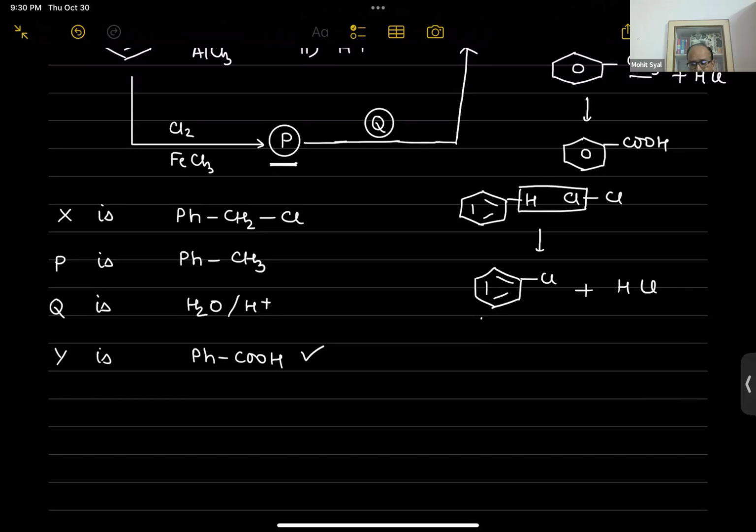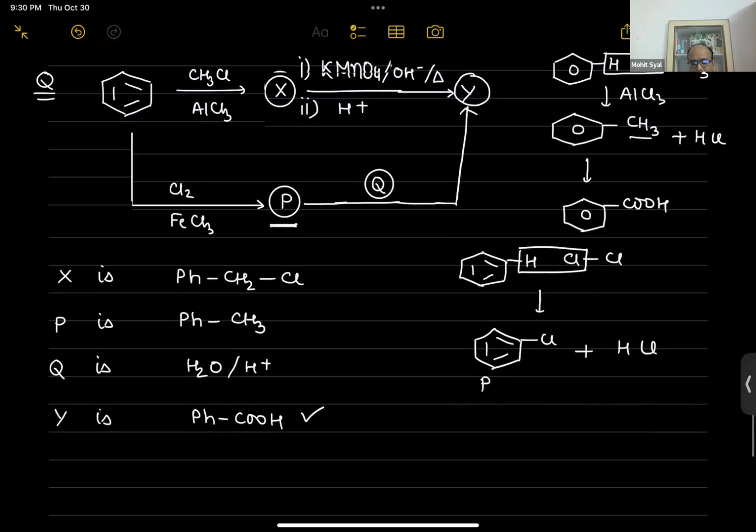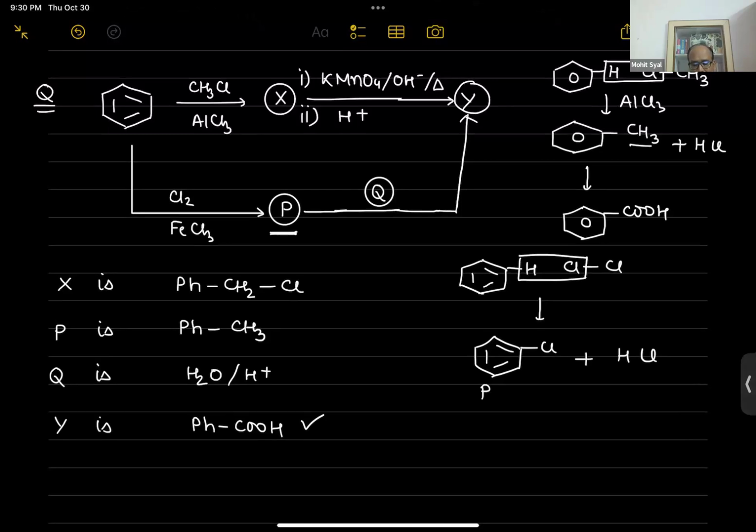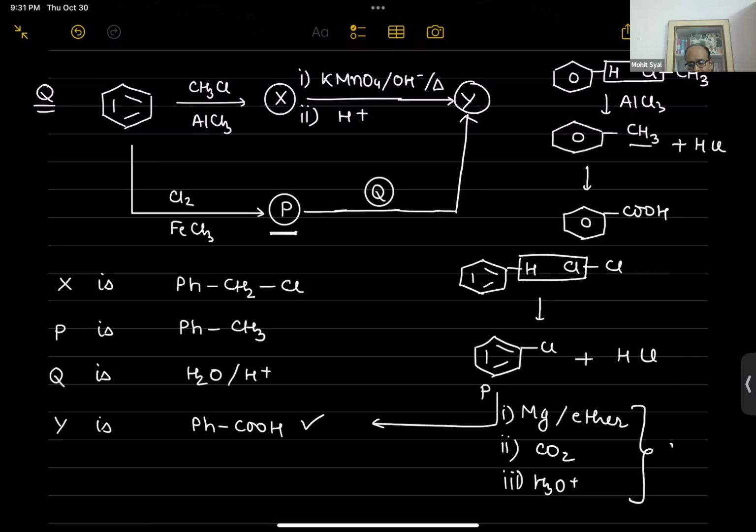This is P. And if you want to get it converted to Y, you must use magnesium, ether, followed by CO2, since this is an increase in the number of carbon atoms. So this whole set of reagents comes under Q.